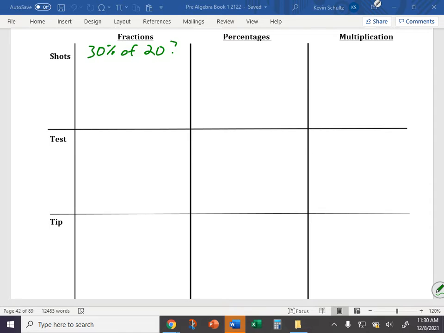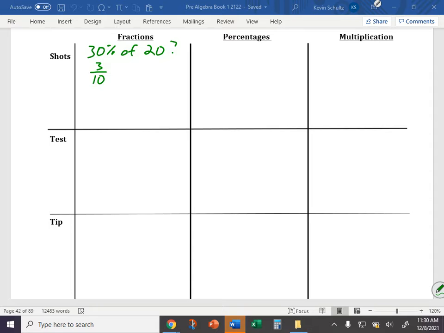What is 30% as a fraction? 30 over 100, which reduces to be 15 over 10, which is 3 over 10. Nice job. We can rewrite 30% as 3/10.